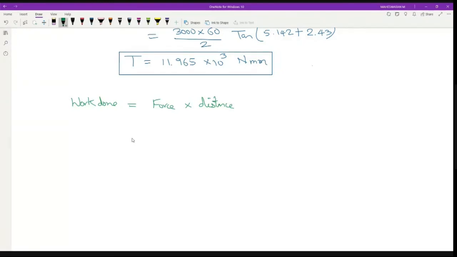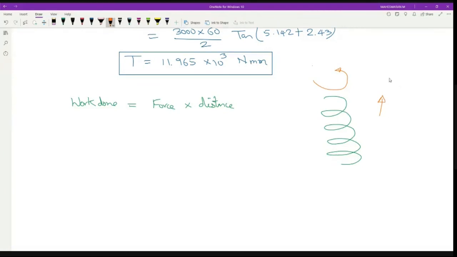So here you have a screw. What happens is when you apply a circular type of rotation, it will lift. You will get linear movement.